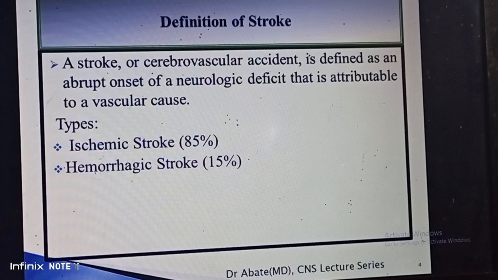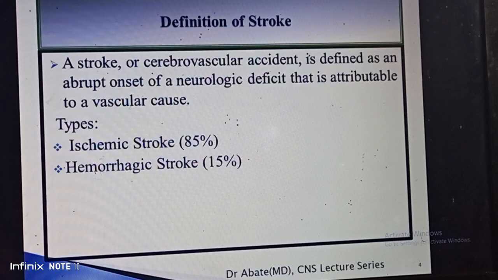Now, the current definition of stroke, or in other terms cerebrovascular accident, is an abrupt onset of a neurologic deficit that is attributable to a vascular cause.